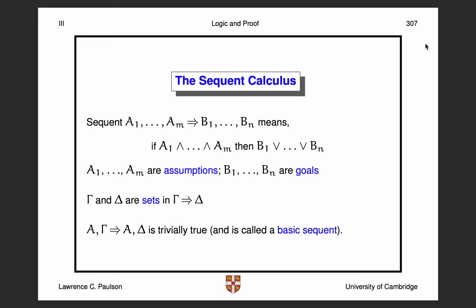As you can see at the bottom, A, comma, gamma, sequent arrow, A, comma, delta, is a way of saying anything that contains the formula A on the left and also on the right is trivially true, and the name for such a thing is a basic sequent.